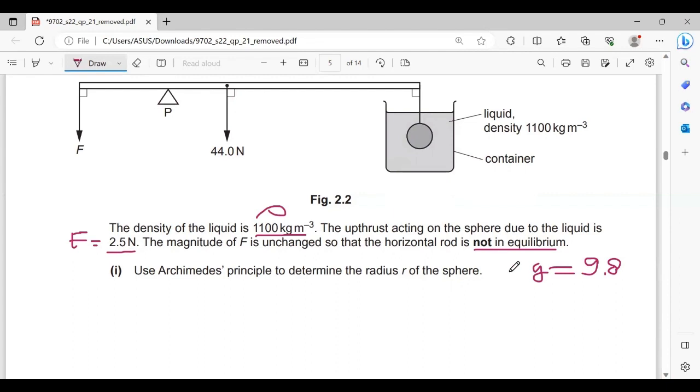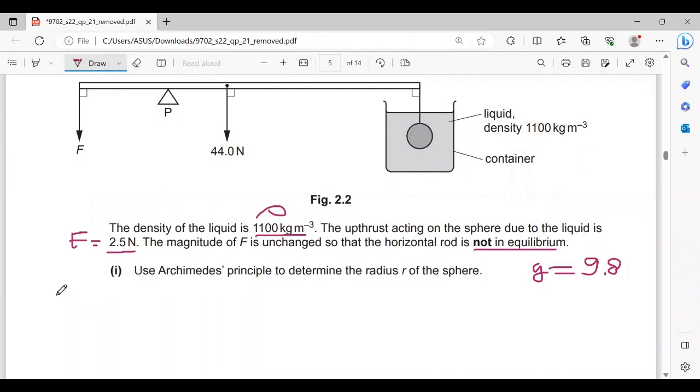If you don't want to use 9.8, you may use 10 newtons per kilogram, but I'm going to use 9.8.